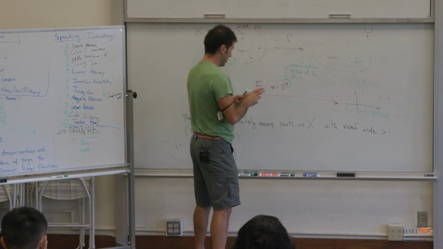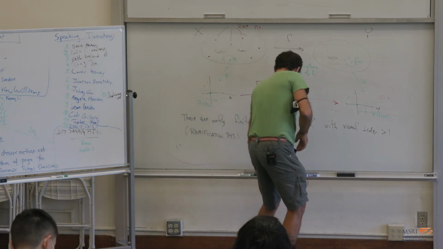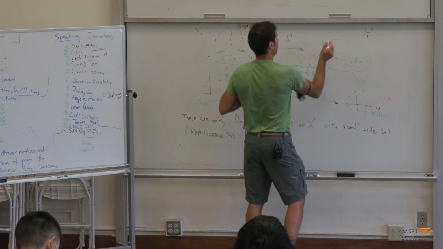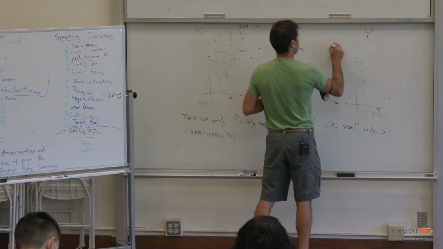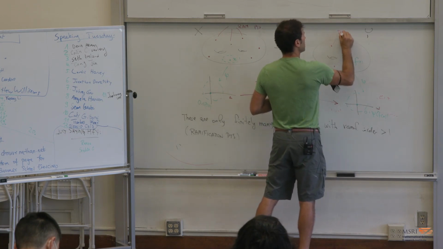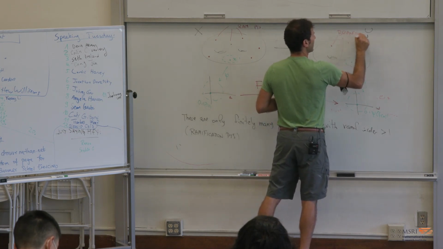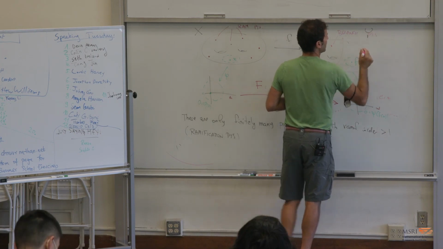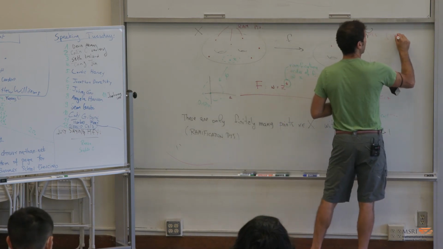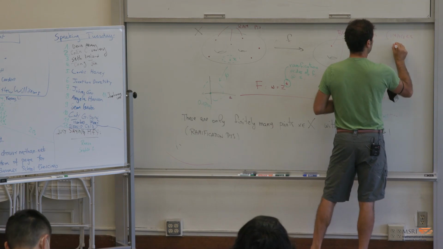Okay, so we call these red points here the ramification points. And we call their images branch points. These are the images of ramification points.